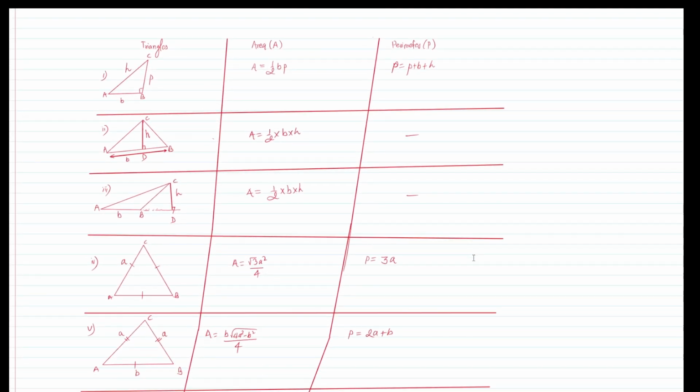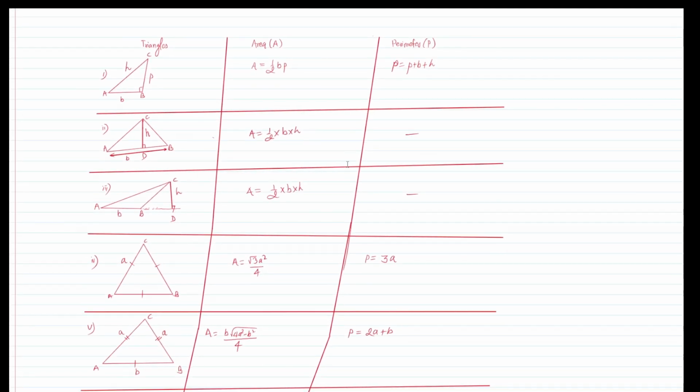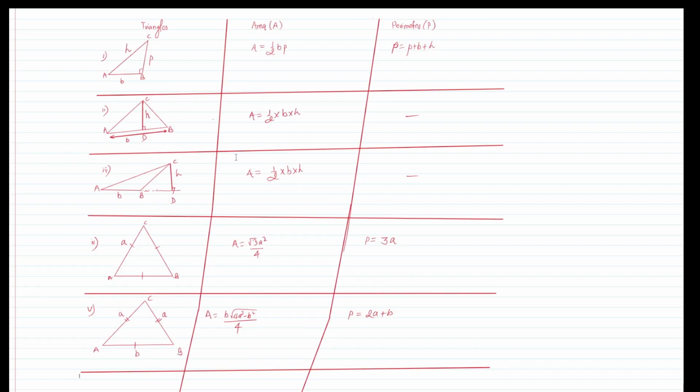These are all the formulas related to the area of different types of triangles. If we have been given a right angle triangle, we use this formula. If we have been given an acute angle triangle and we know the base and height, we use this base into height formula. And if we know the base and height of an obtuse angle triangle, we use the same formula. This formula is valid for all types of triangles.